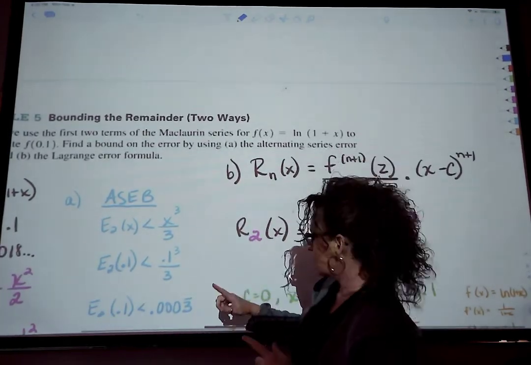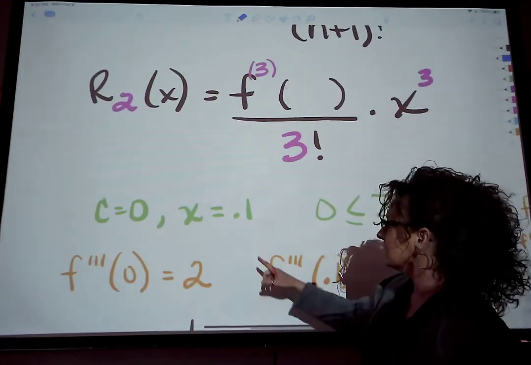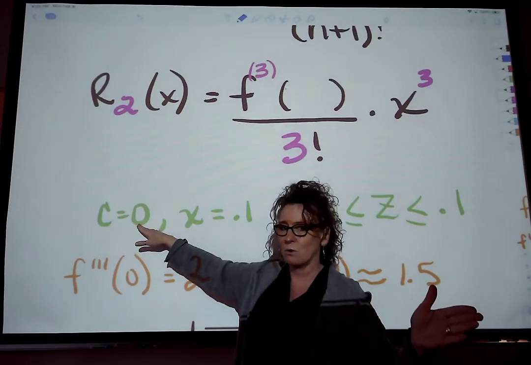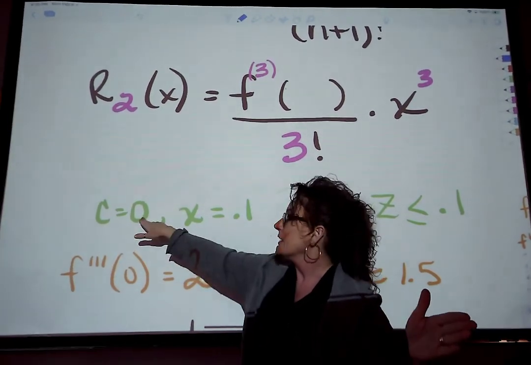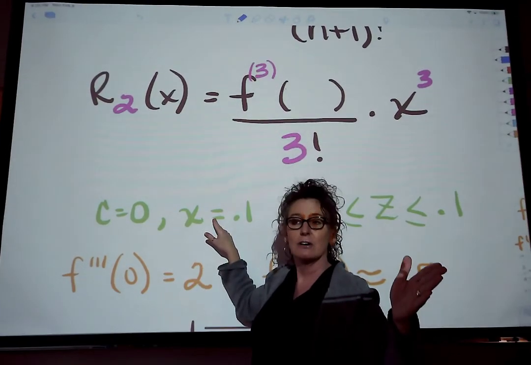All right, so a recap on what I just said. c is 0. This is where it's centered. How far out are we looking? Well, we want x to be 0.1. That's all we've got. That's our range for z.